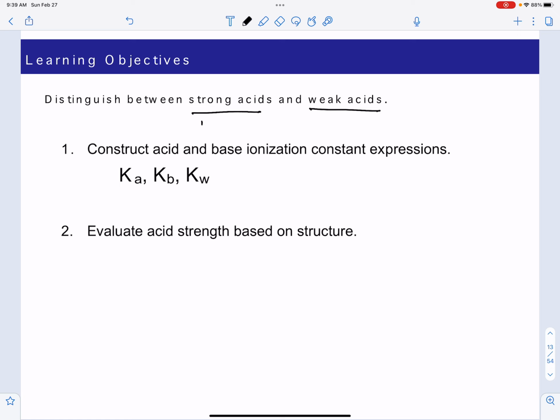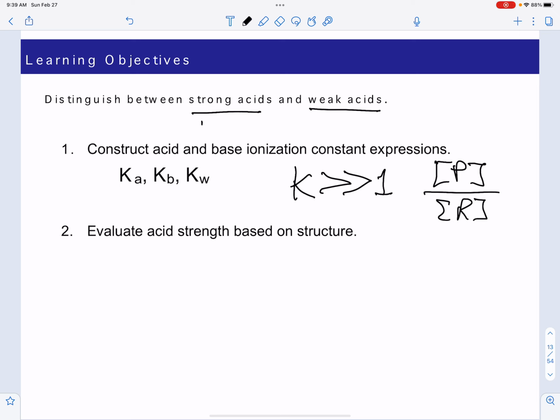Because an equilibrium constant that is bigger than 1 favors the products, right? So if I have an equilibrium constant for the acid, then there's going to be a high concentration of protons or a high concentration of hydronium because the water is taking the proton.